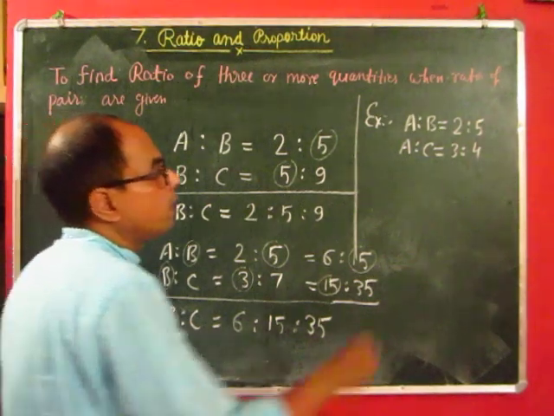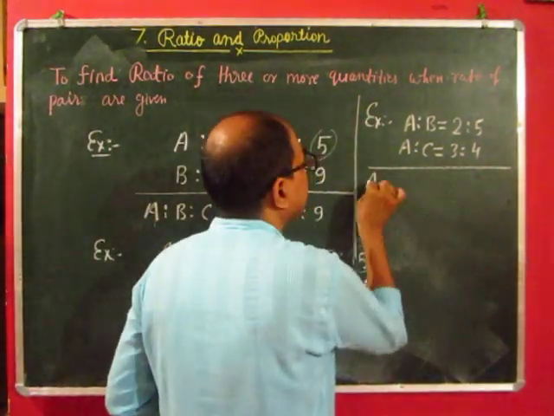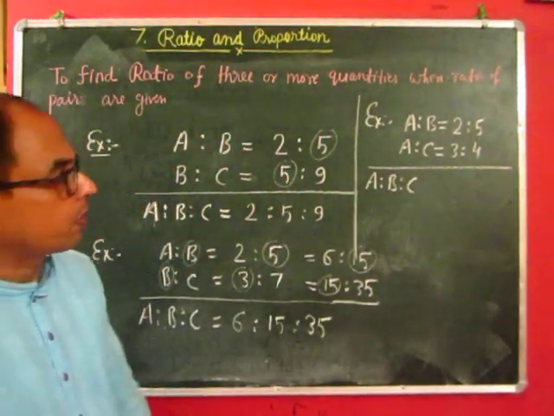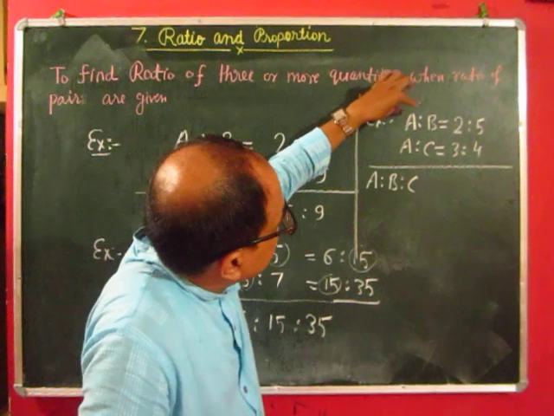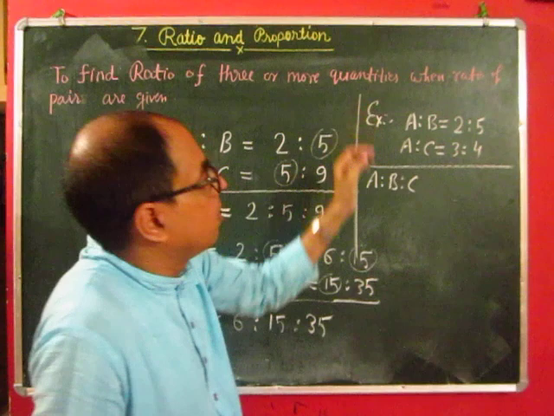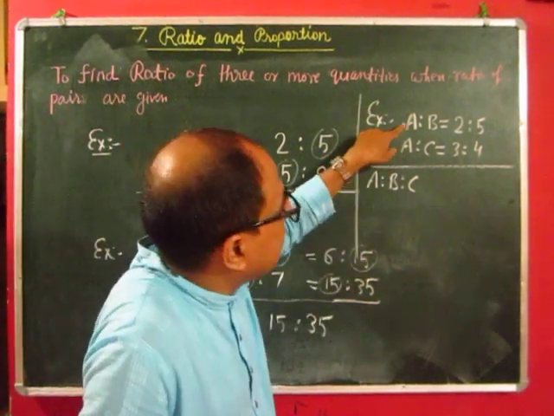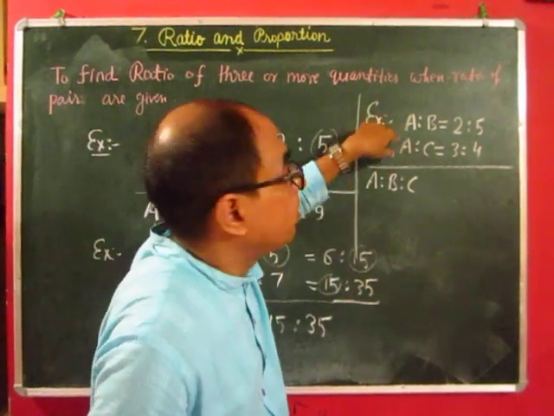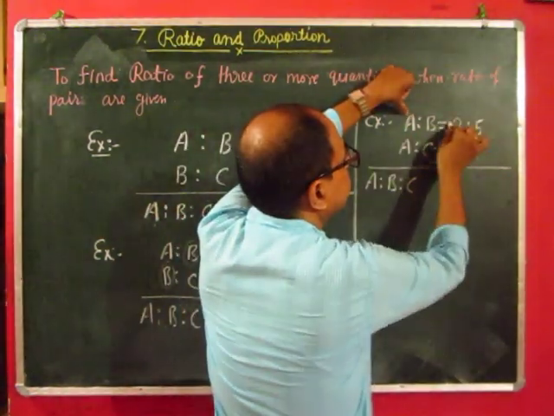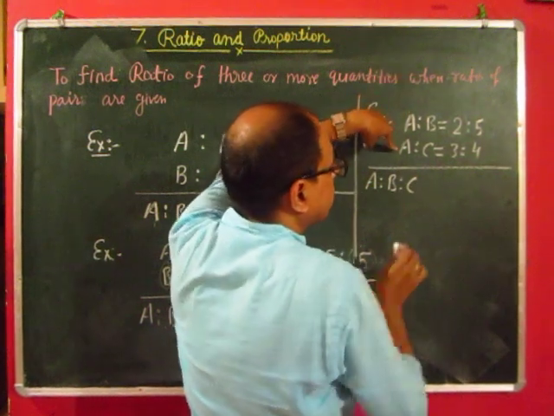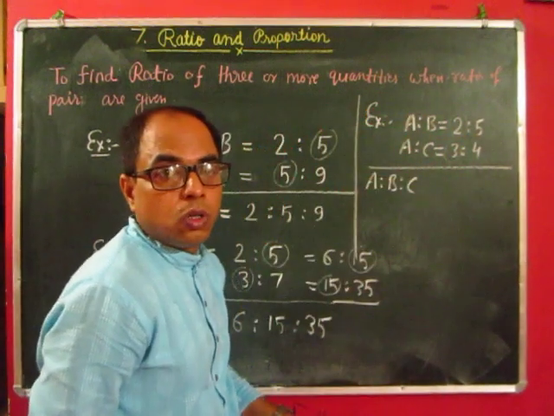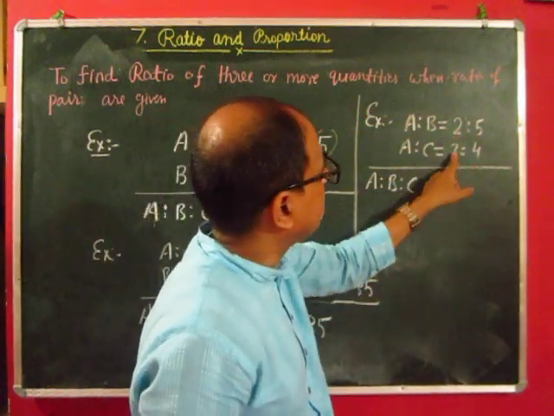Now we have to find the ratio of A is to B is to C. So here the ratio of the pair A and B is given, the ratio of the pair A and C is given, and we have to find the ratio of A, B and C. Here A is the common term, but in the first ratio the value corresponding to A is 2, and in the second ratio it is 3. So these two are not equal.